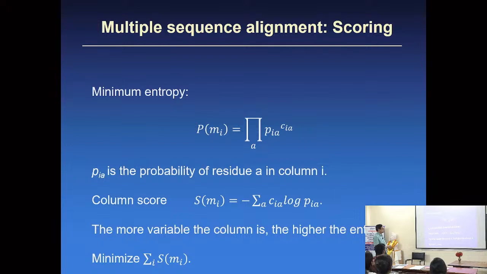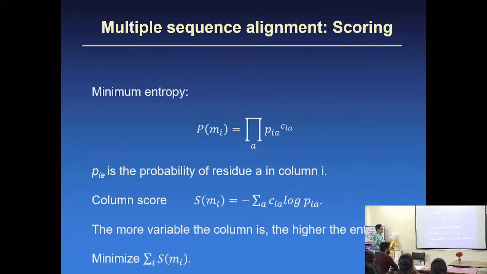It is 1, and log 1 is 0. So imagine that each column is completely conserved. What would be the score for the multiple alignment? 0, because you are summing up the scores of the columns to get the score for the alignment.